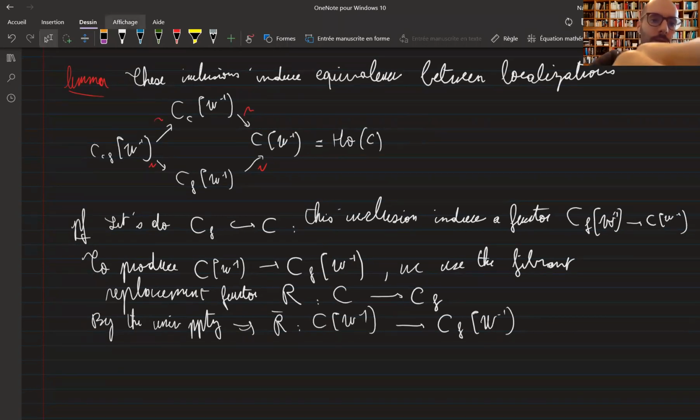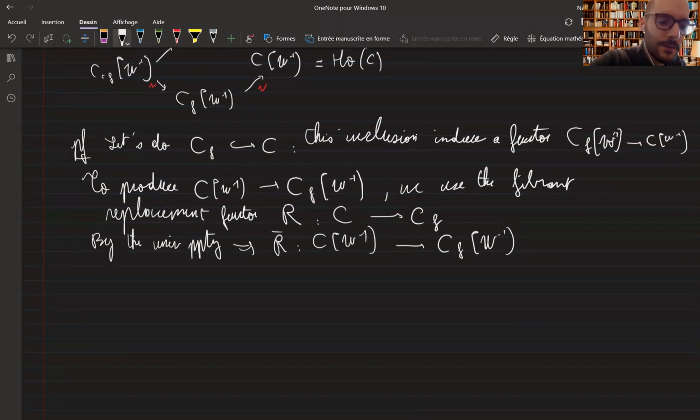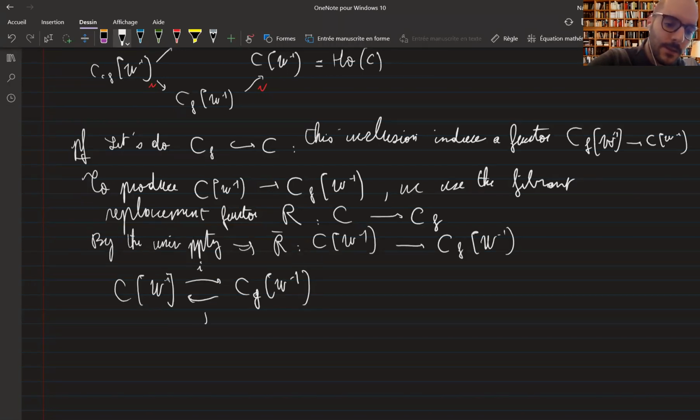And so you have a functor in the other direction. You have C is included in CF. This obviously sends elements of W to elements of W. You have this functor R bar. And maybe for consistency, I can call this one I bar.